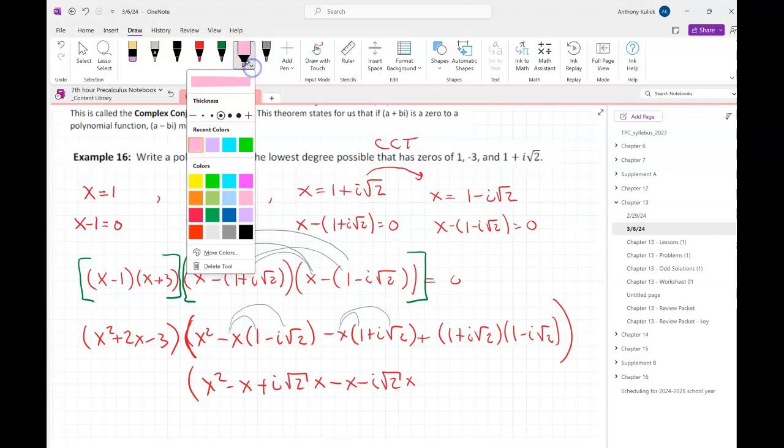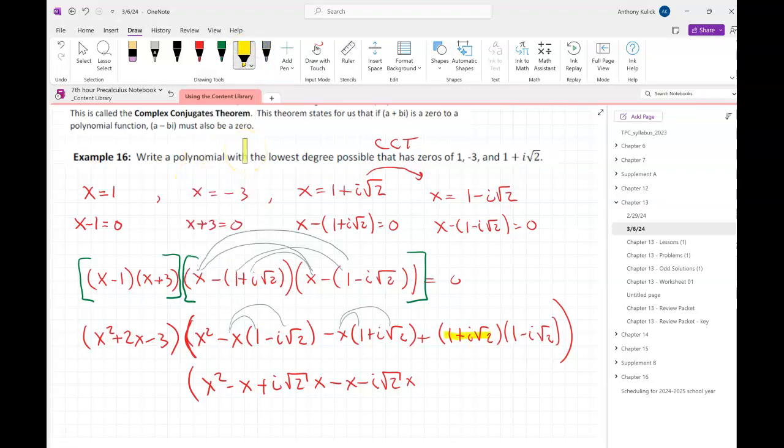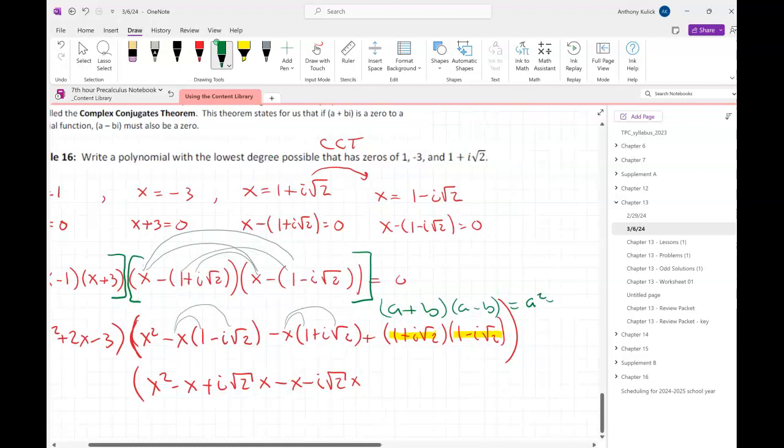And then let's look at what we have here. That looks like a difference of 2 squares to me, right? I have an a plus b times an a minus b, right? Everybody see that? I know when I FOIL that out, I just get a squared minus b squared, right?